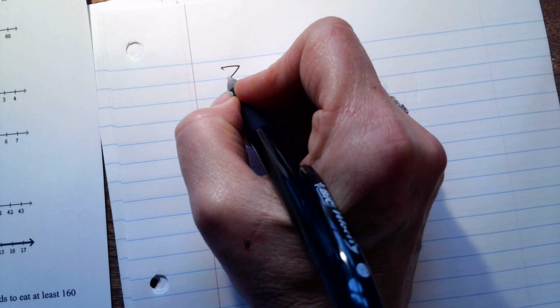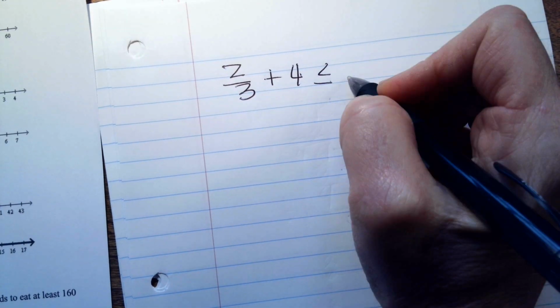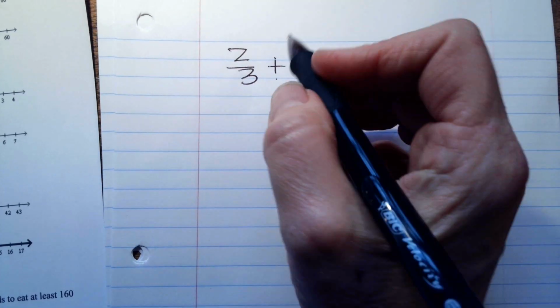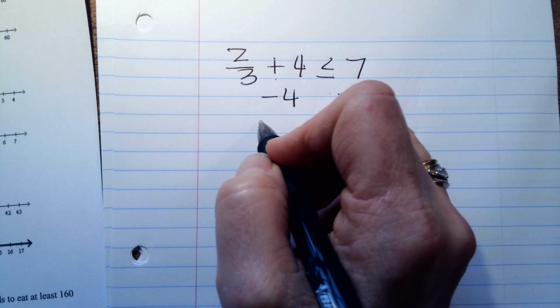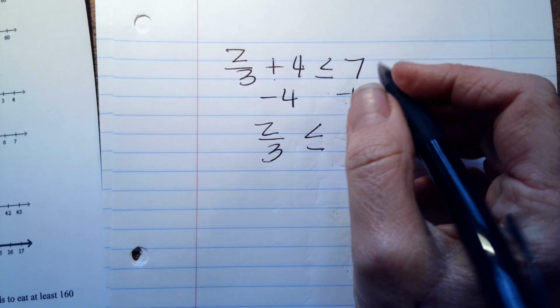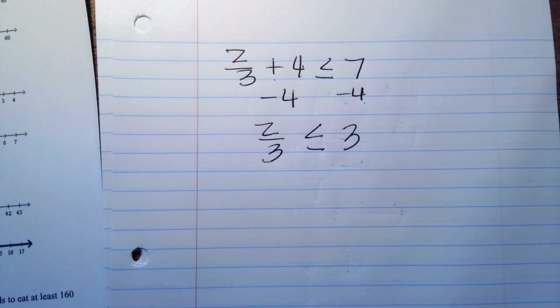Okay, next one is z over 3 plus 4 is less than or equal to 7. First thing I do is take the 4. They're adding 4, so I subtract 4. What's left on this side is z over 3. 7 minus 4 is 3. And then I have z over 3.